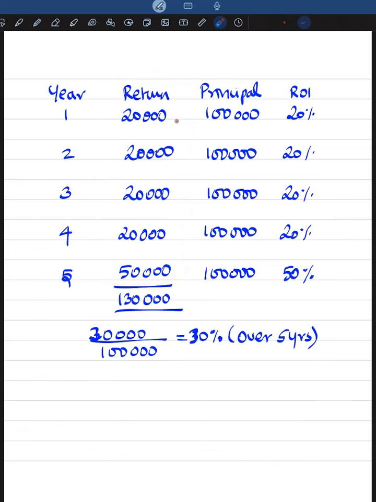They are actually cash flows from the investment, and the majority of them goes towards the recovery of the initial investment or the principal amount. In this case, if you see over a period of 5 years, what was recovered is 1,30,000, which is 30,000 over and above the initial investment of 1 lakh.